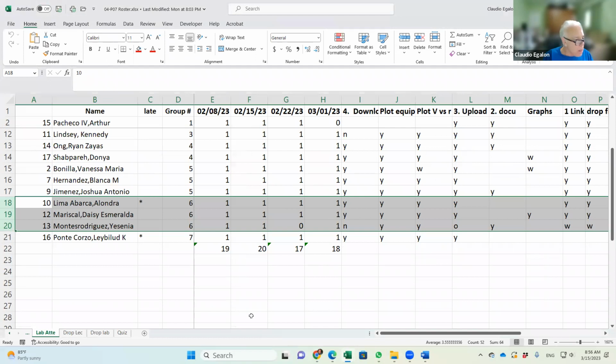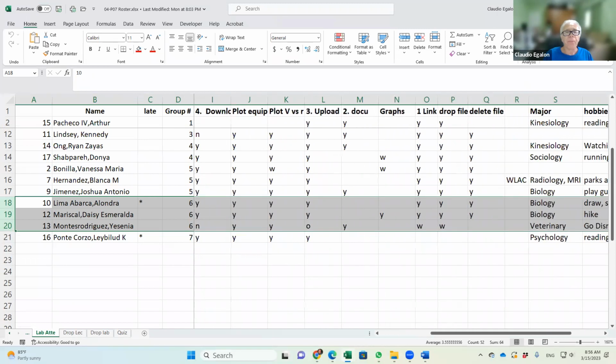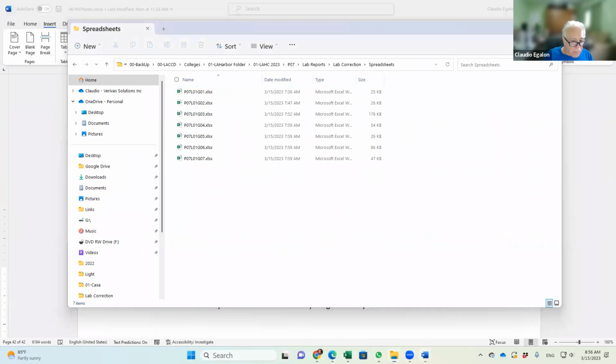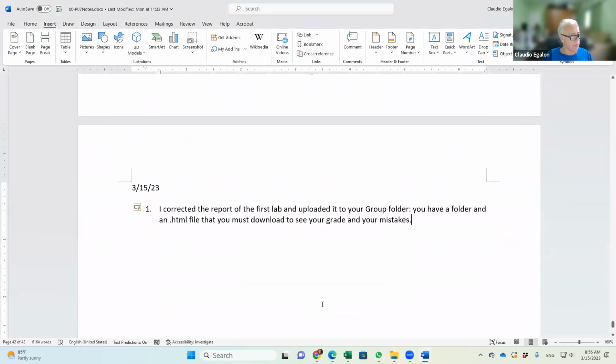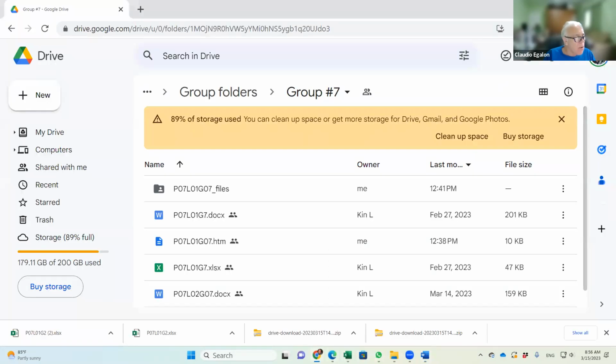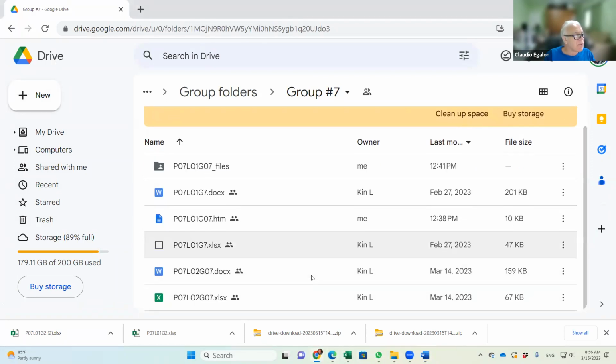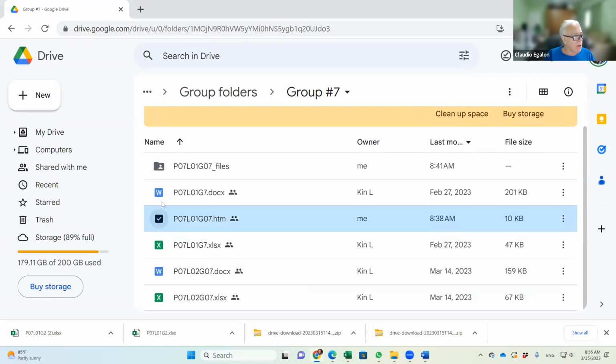Okay, and lab attendance. Okay, this lab attendance here. Okay, so we have the correction of the lab report there in your folder, just as a sample. Here is group 7, right? So to see the correction of your report, you have to download this file and this folder. See?